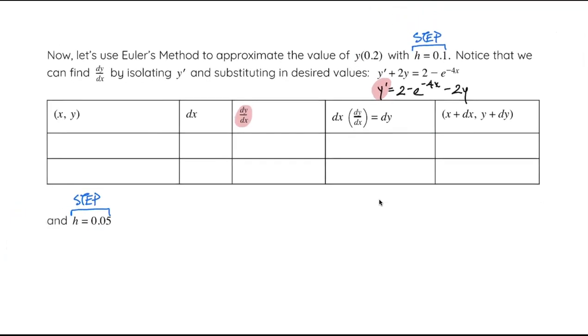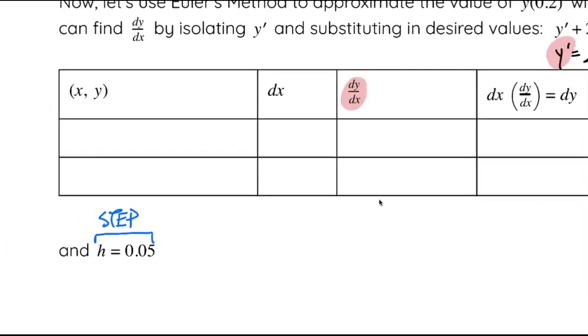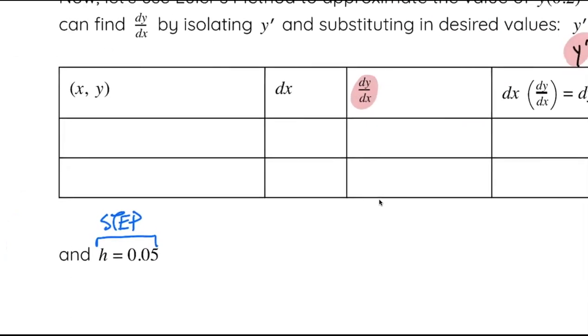Now, the idea behind Euler's method is that we start with a point we know, and oftentimes this is a nice point. In particular, we start with our initial condition, which was 0 for x and 1 for y. I'm going to highlight the 0 in yellow, and the 1 in green.